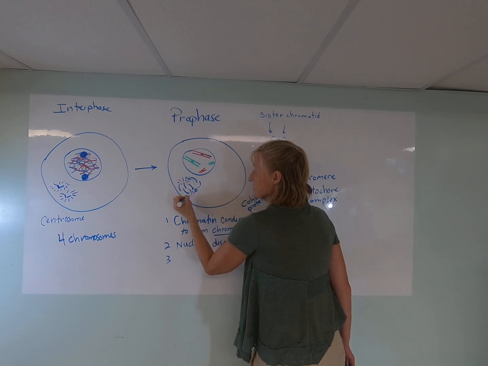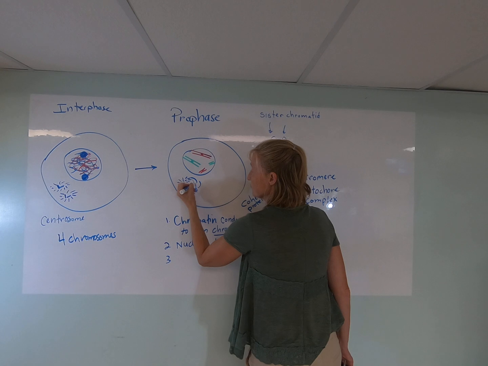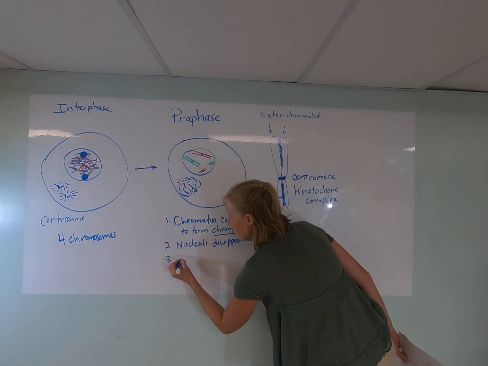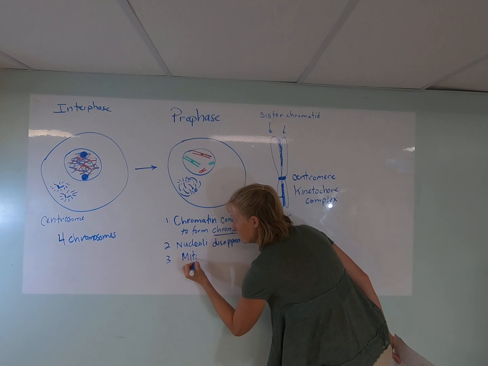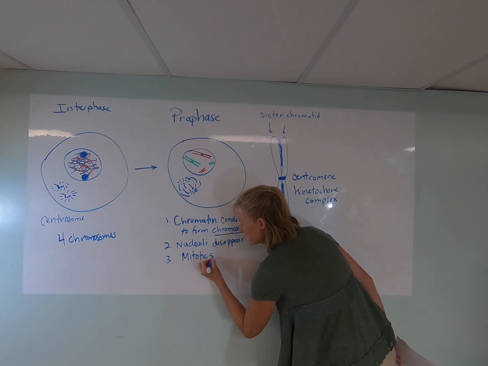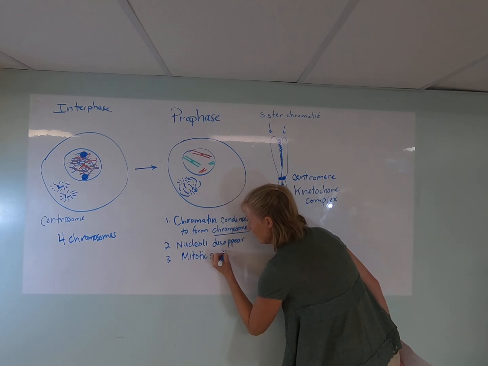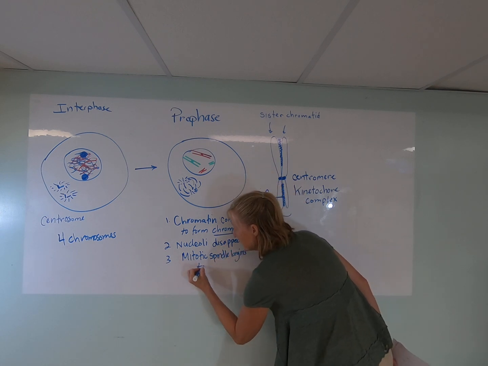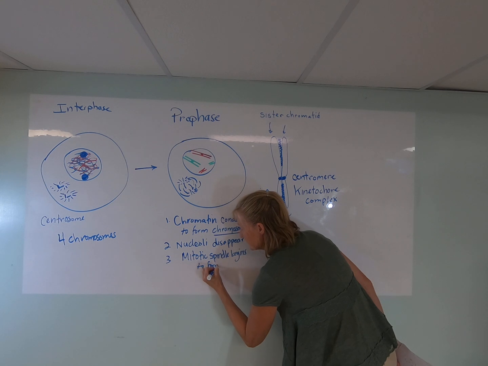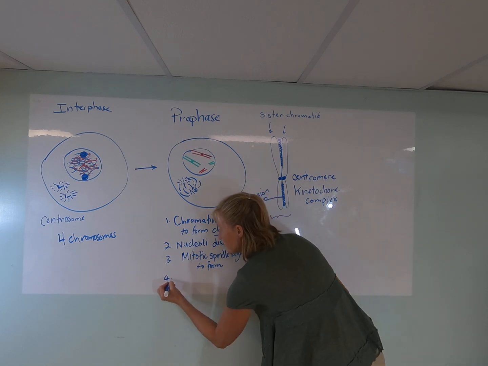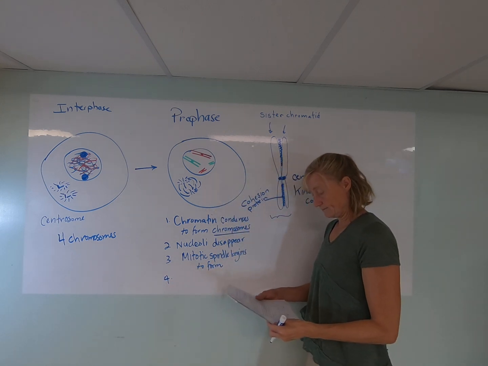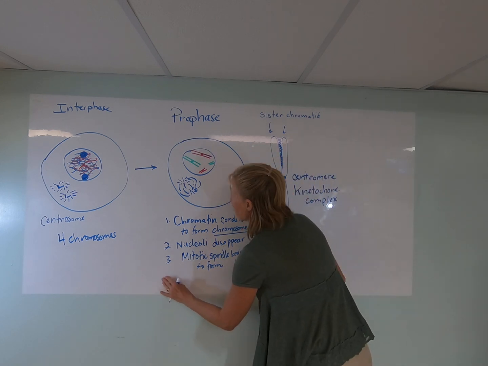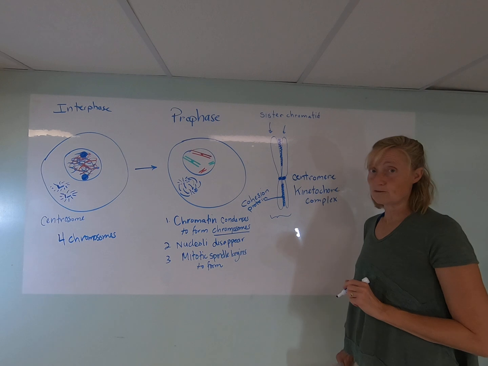So you get this set of fibers extending from each centrosome toward the other centrosome, and that is called a mitotic spindle. The mitotic spindle begins to form, and it's made up of these microtubules that were originally from the cytoskeleton. That's all I have written down for the basics of prophase.